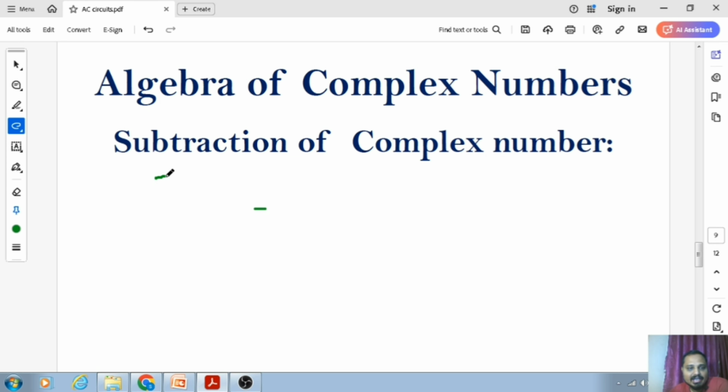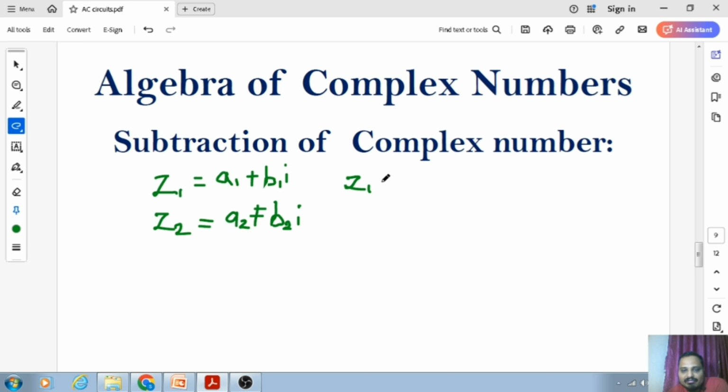So let's say I have Z1 is equal to A1 plus B1 times i, and Z2 is equal to A2 plus B2 times i. So Z1 minus Z2 can be performed in this way. We have Z1 plus multiplied by -1 times Z2. So this is how we can perform the subtraction of two complex numbers.